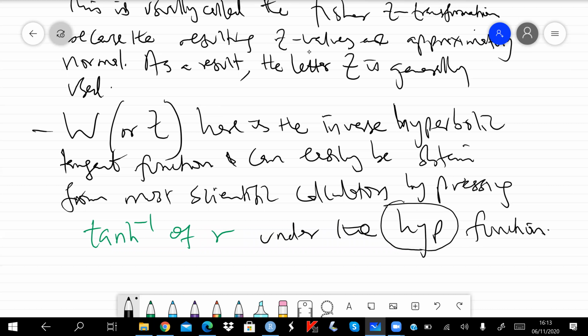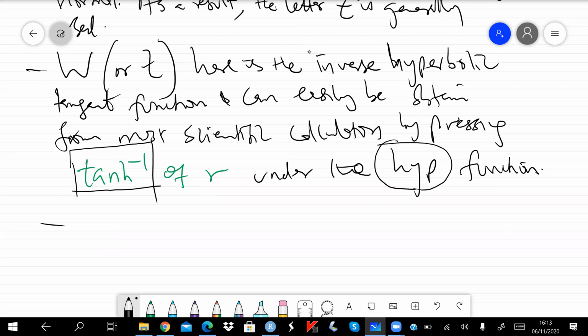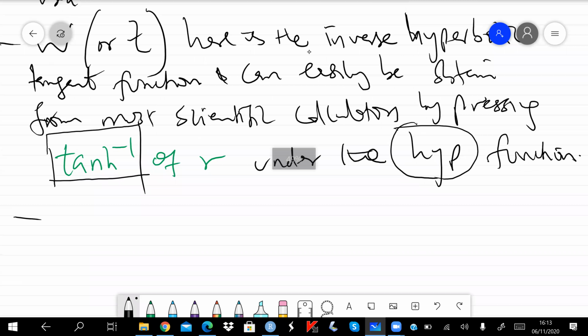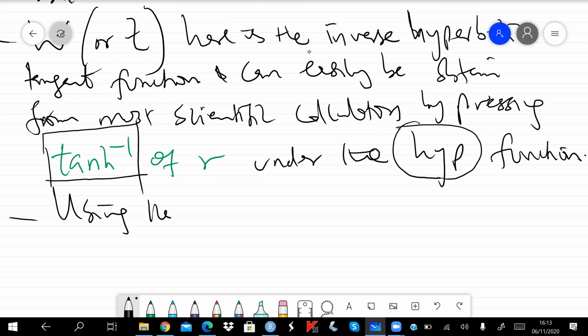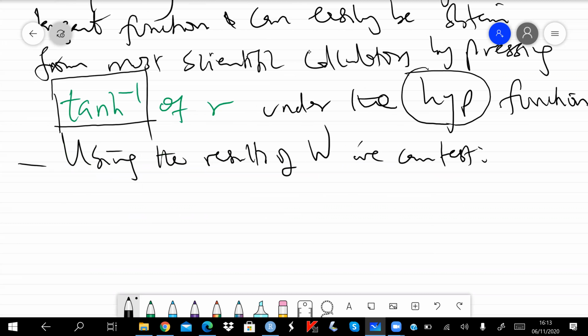I think many of you have come across this when doing trigonometry or something like that. Using the results of W, we can test this general hypothesis H naught, that rho, instead of being equal to 0, is equal to some hypothetical constant.